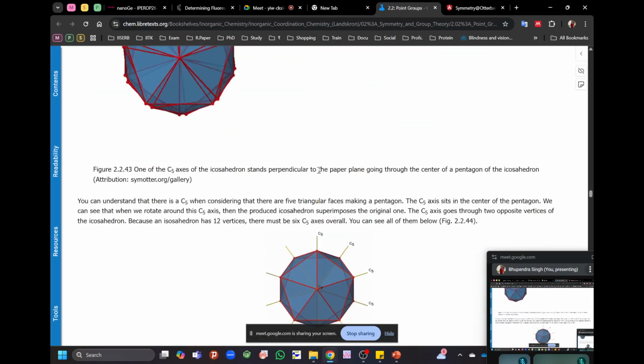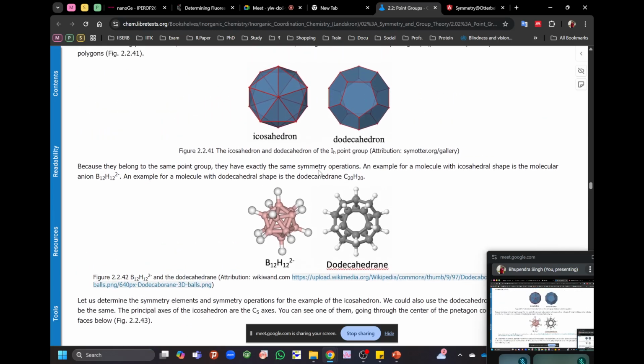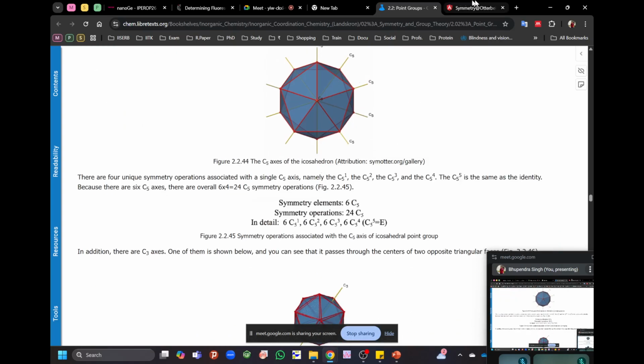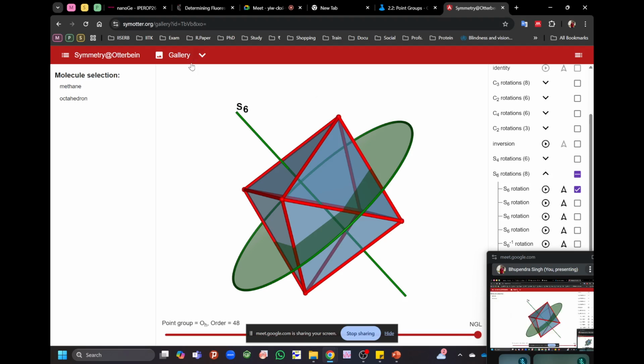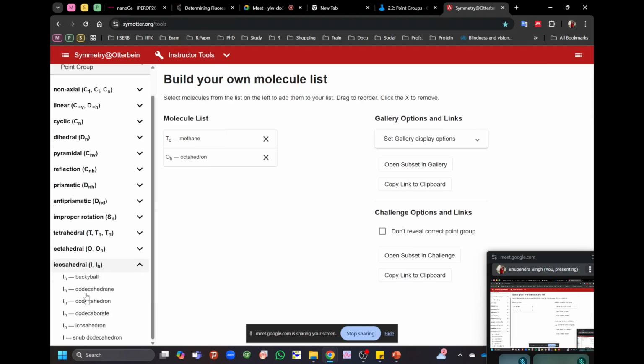Now, of course, it is difficult to imagine in 2D how many C5 axes are present. So let's try to find out here if it is there or not. Of course, it is there.